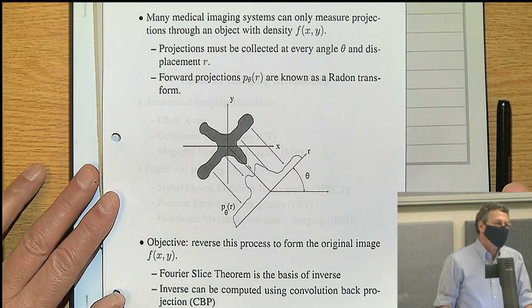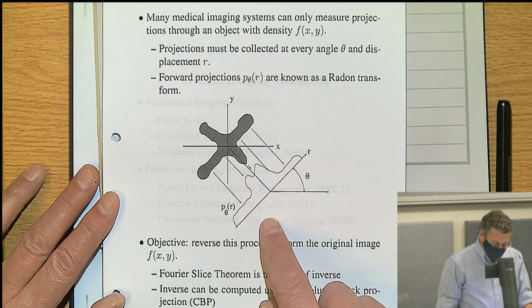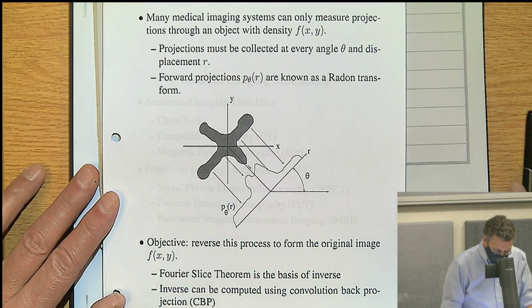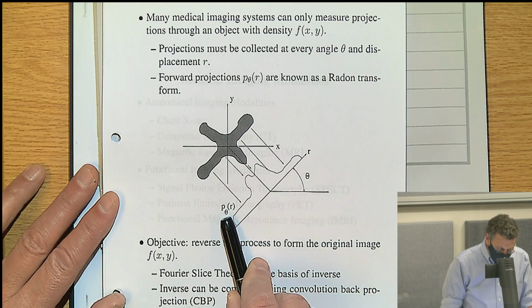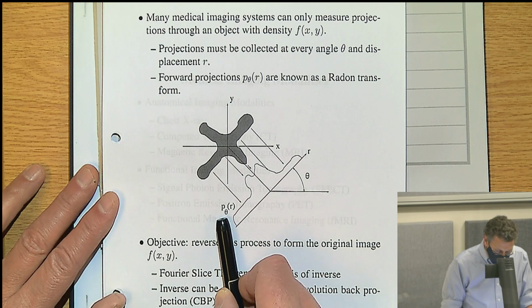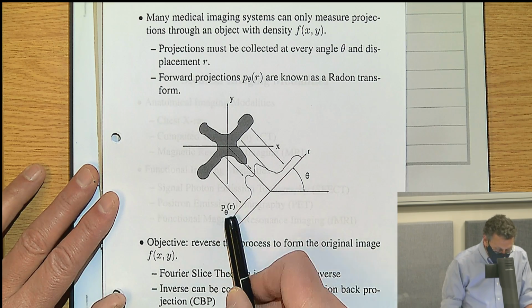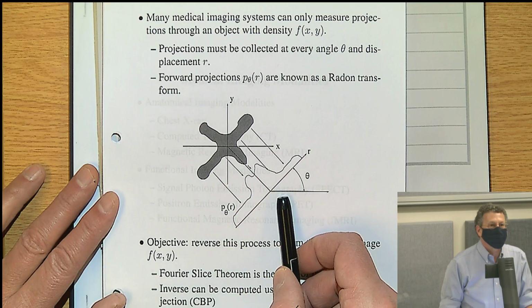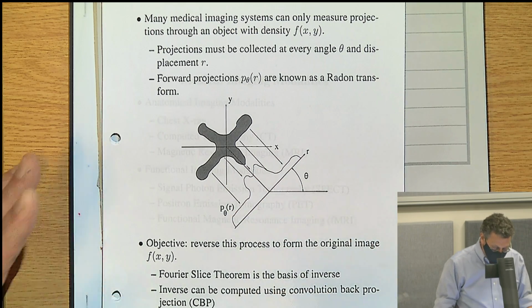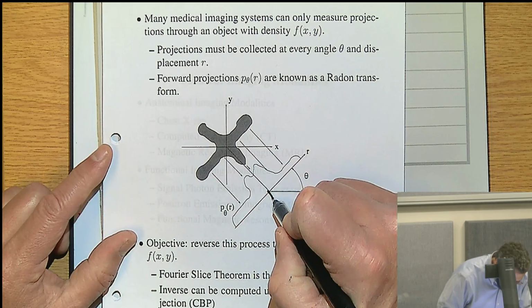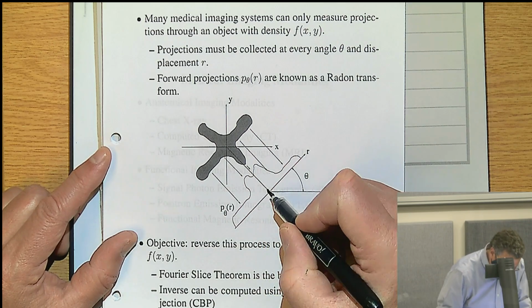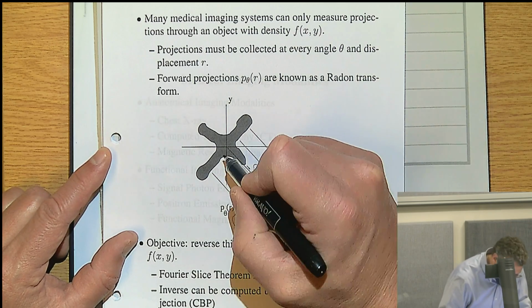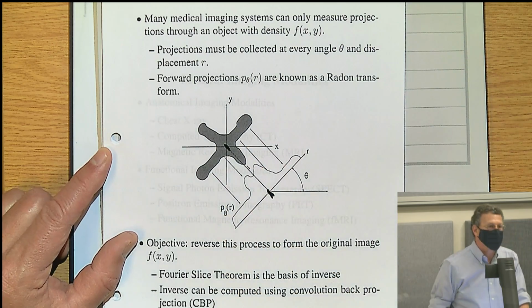And the question is, can you do it? Well, your measurement is what I'm calling here P theta of R. Theta is the angle of the projection. R is the displacement from 0. 0 is important because 0 isn't just anywhere. 0 has to go through the center of rotation of the object.